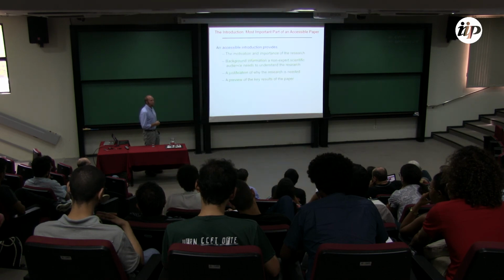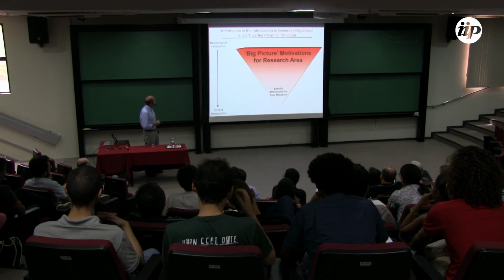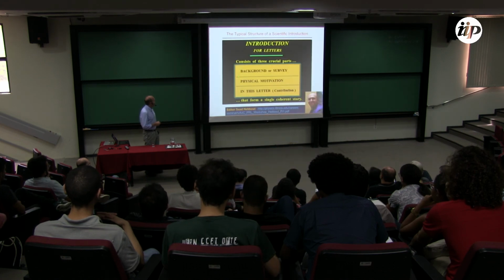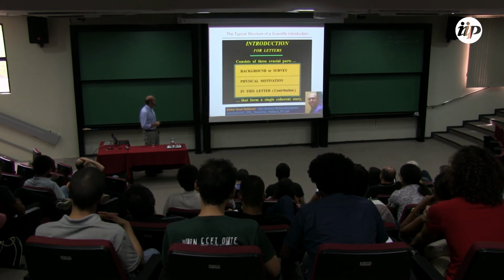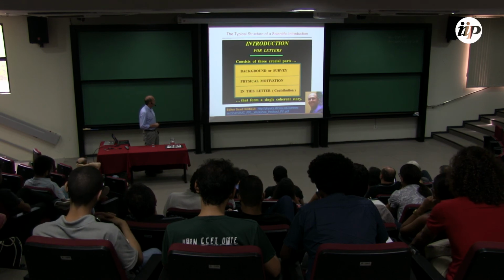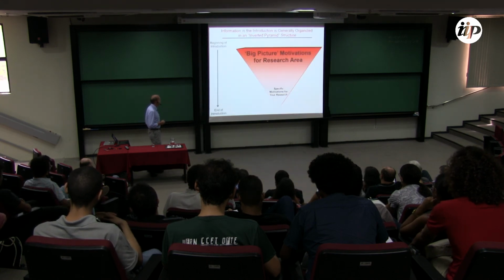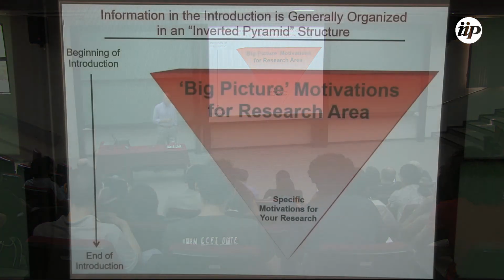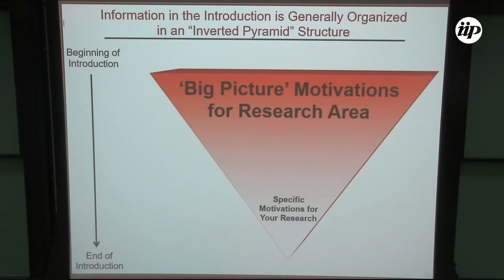Okay, any other questions? Okay. So the introduction has these three components. We've already mentioned background and physical motivation. The way that Celia and I like to communicate this is in terms of an inverted pyramid. This is not just because we came up with it.